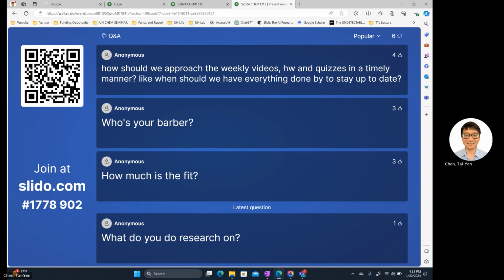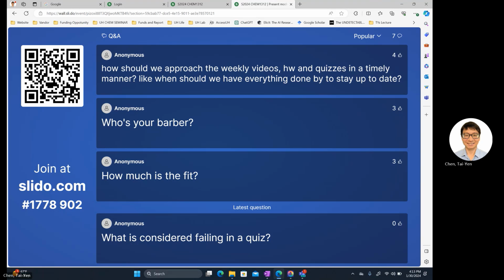It's somewhat complicated. The easiest way to reach out to me is to message me through Teams. If you message through Teams, very likely I will respond in real time if I can. So I would strongly suggest that you reach out to me using Microsoft Teams messages. That's the easiest way for me to see and respond as fast as I can.